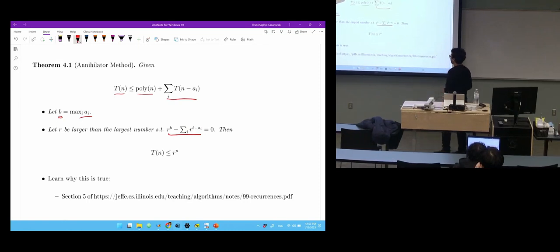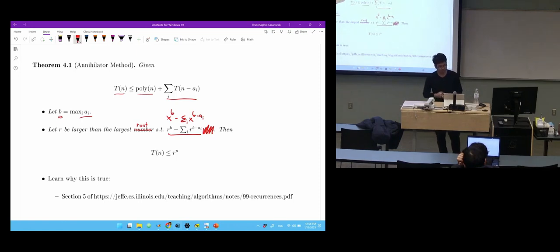And you consider the largest root of this polynomial. Okay, maybe I should say that let r be larger than the largest root of this polynomial. And then when you have computed r, then you just say that T(n) is less than r to the n.